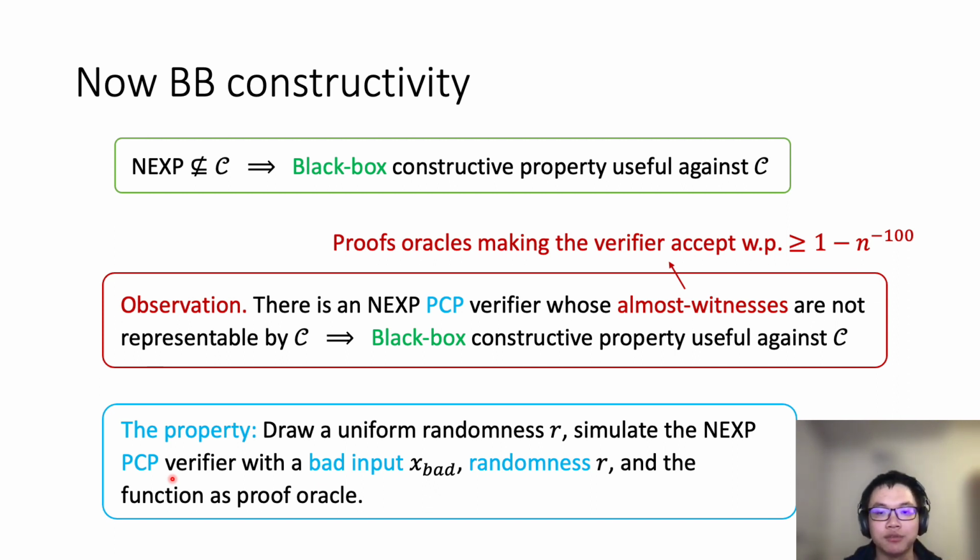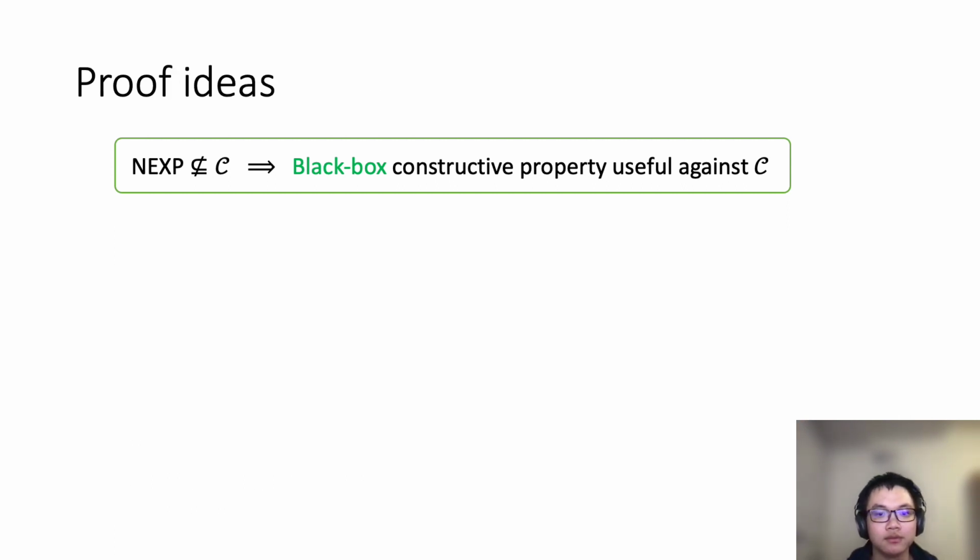To make the property further useful, we now need the assumption that there is a PCP verifier whose almost witnesses are not too simple, say not representable by C. By almost witnesses, we mean here the proof oracles that make the verifier accept with probability close to 1. So here's the outline of our proof.